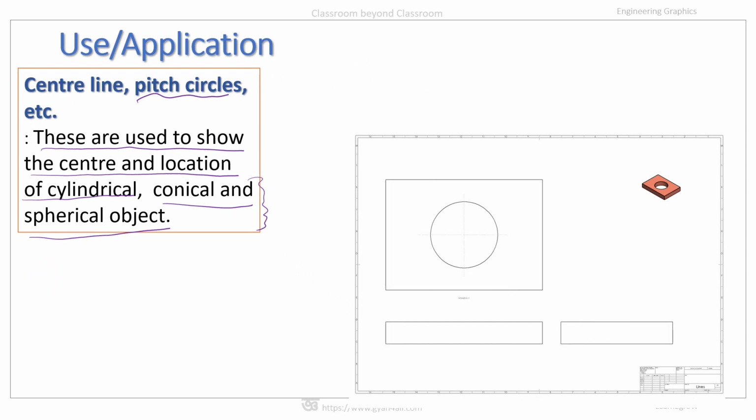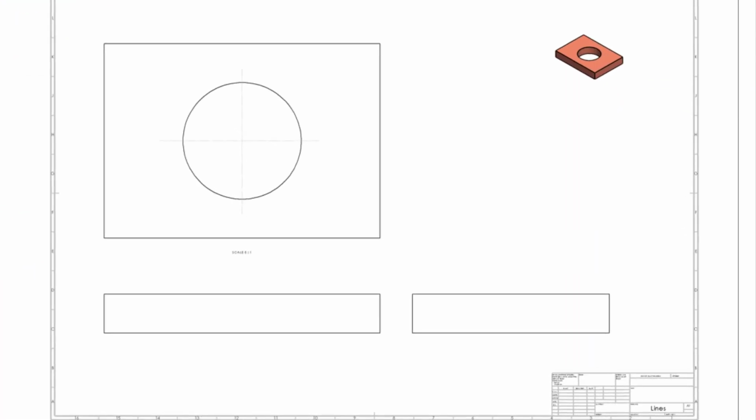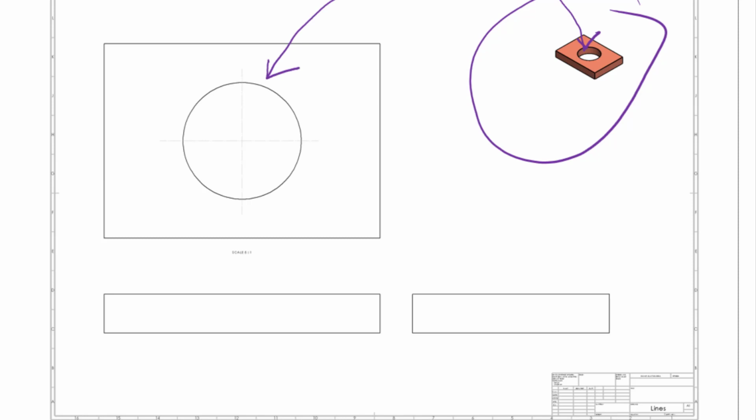Let us understand this with the help of this diagram. So in this object, there is one circular hole, and that is represented by this circle. So this circle is symmetrical about this axis and also symmetrical about this axis.